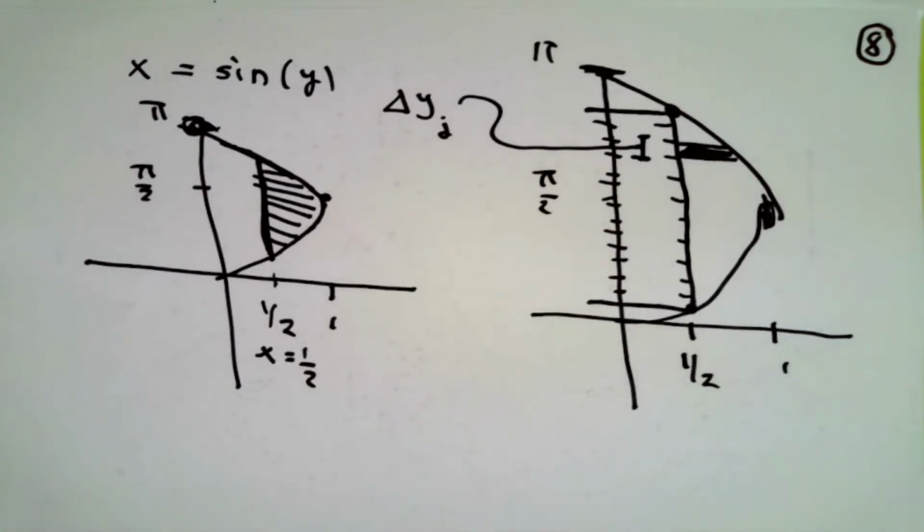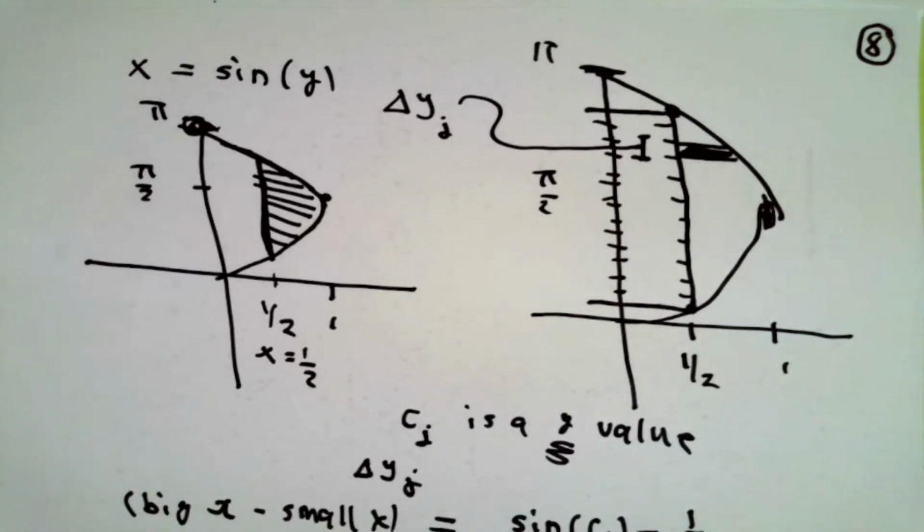The biggest x value is the x value on x equals sine of y that goes with my representative y value this time. So the horizontal length of that one particular rectangle is sine of Cj minus 1/2.